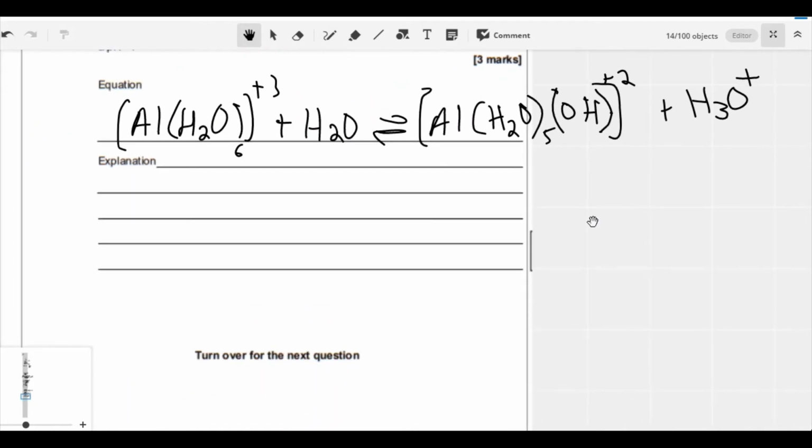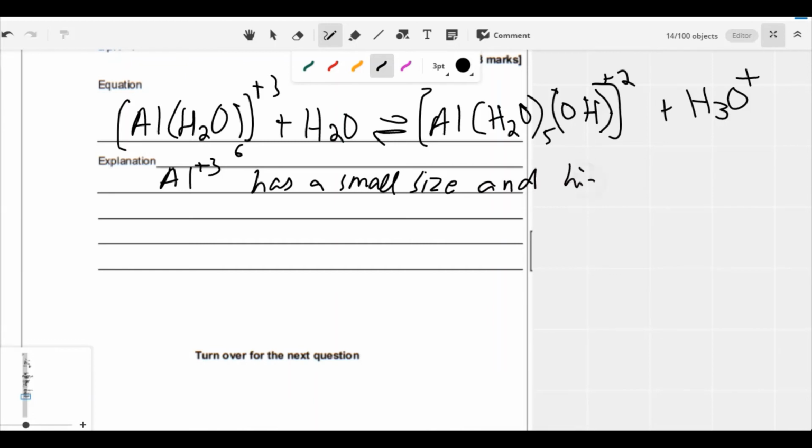Okay, explanation, like why it acts as an acid, because the aluminum Al3+ has a very small size and high charge, or you can say has a high charge density.